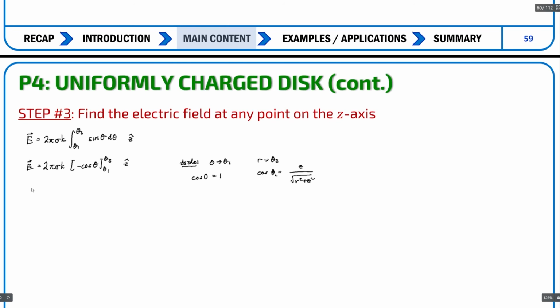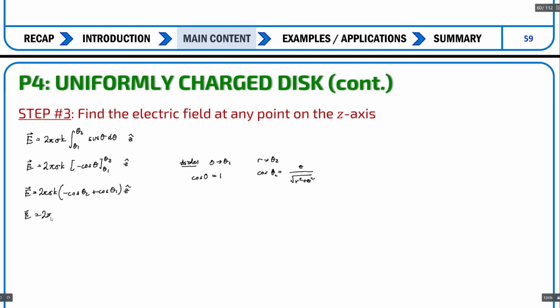Okay, so now we have E being equal to 2 pi sigma k. This is going to be minus cosine of theta 2, and you can actually factor a negative out here. You'd end up with minus cosine of theta 2 plus cosine of theta 1, z hat.